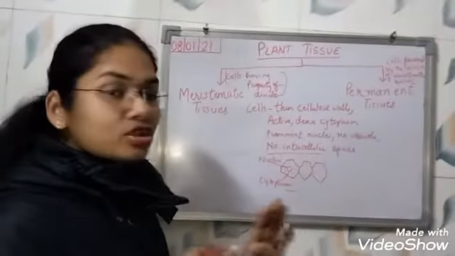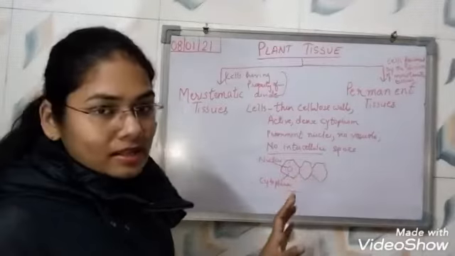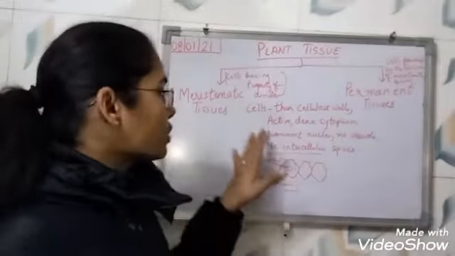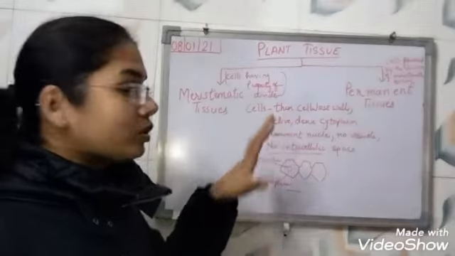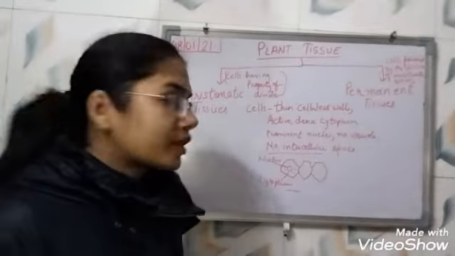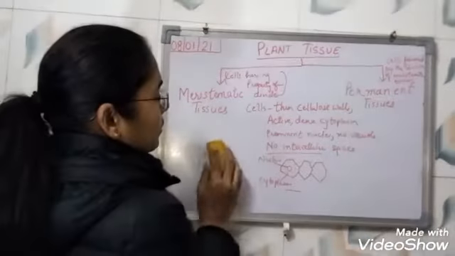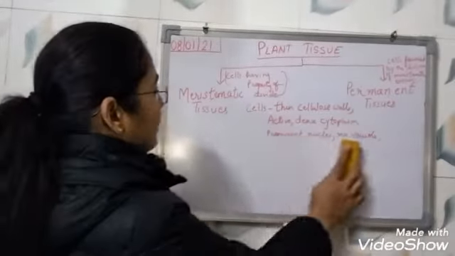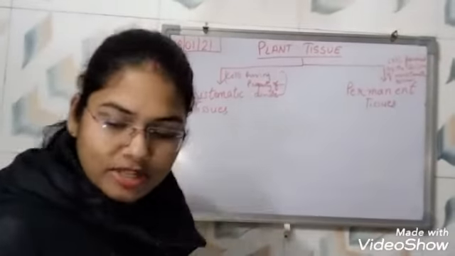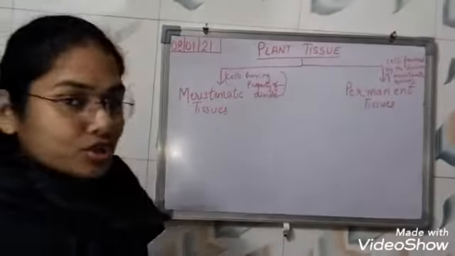There is no space in between the cells, so there is no intercellular space. I hope you understand the cells in the meristematic tissues. So these are the properties of cells present in the meristematic tissues.